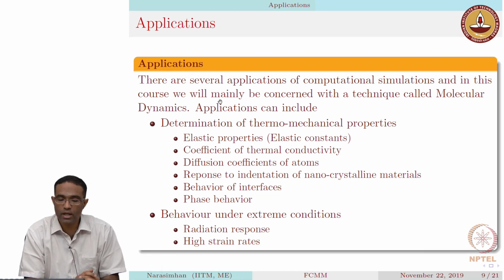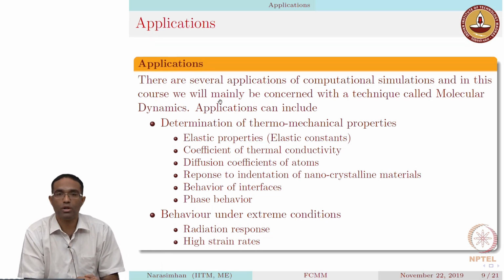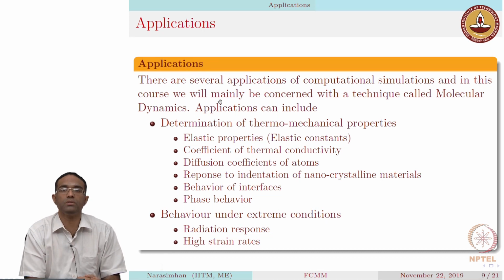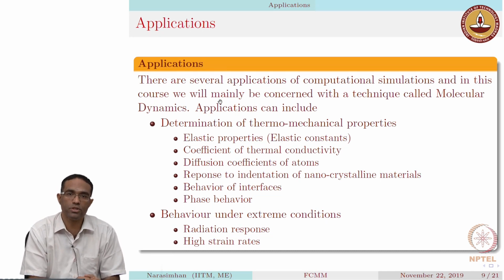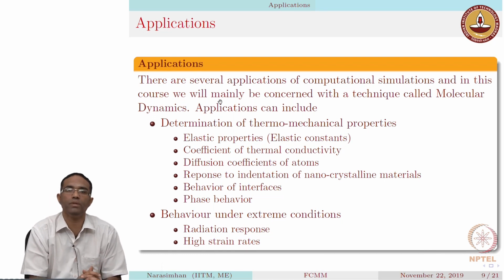Basically, you can also look at indentation. I will show you some examples in a little bit of what sort of indentation studies have been carried out in order to understand how certain nanocrystalline ceramics behave when they are subjected to indentation.